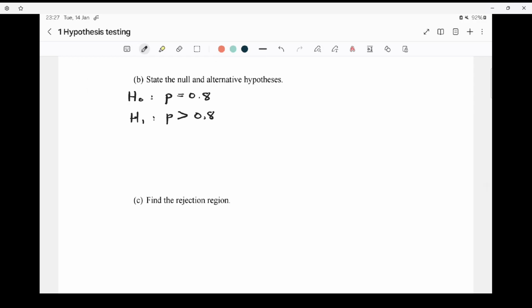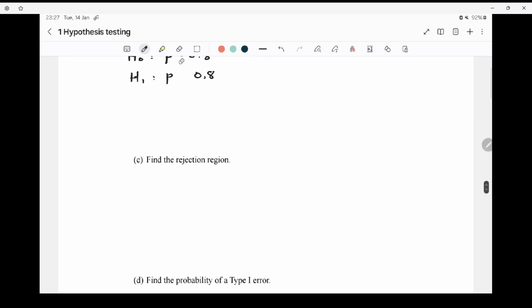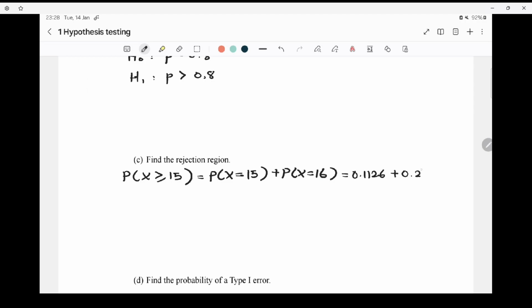Find the rejection region. You can test P(X ≥ 15), for example. So this will be P(X = 15) + P(X = 16). When you calculate this, this is 0.1126. The other one will be 0.0281. So this is 0.1407. You just want to find the rejection region.